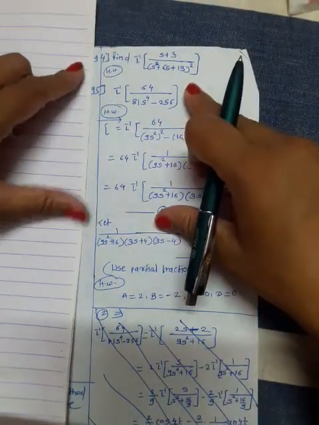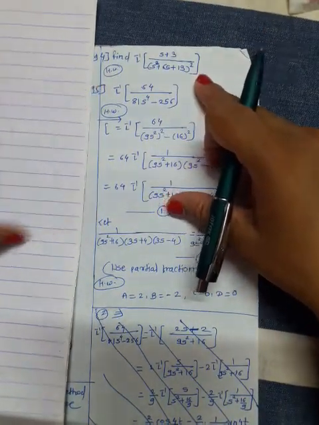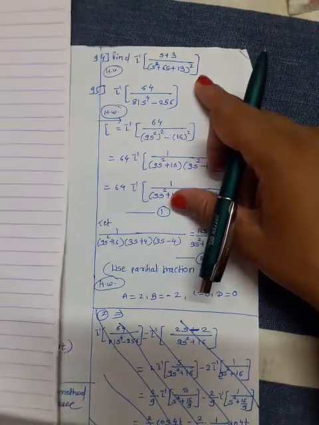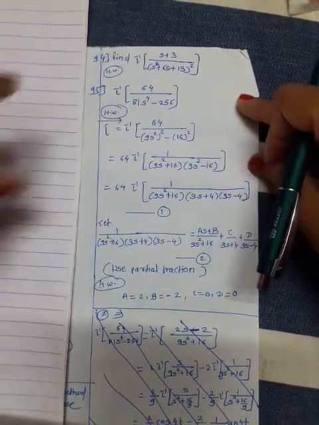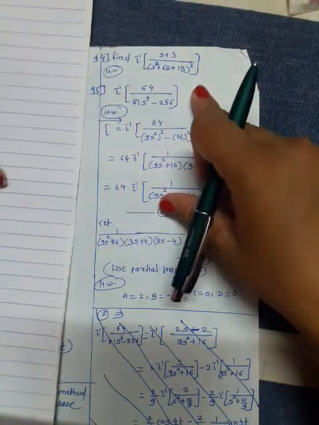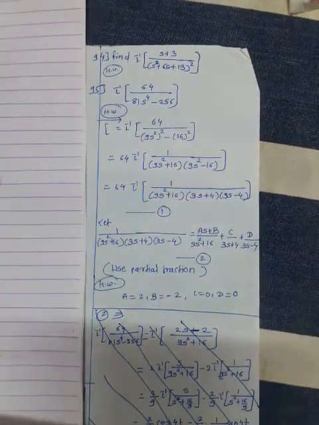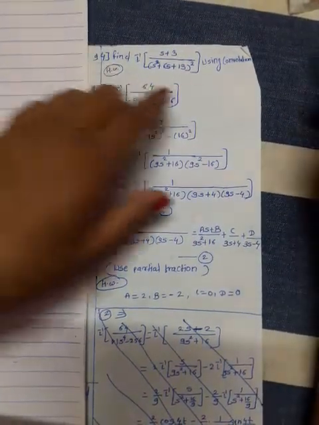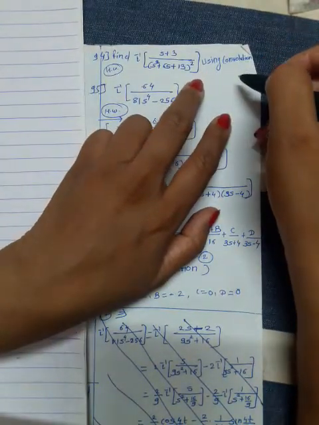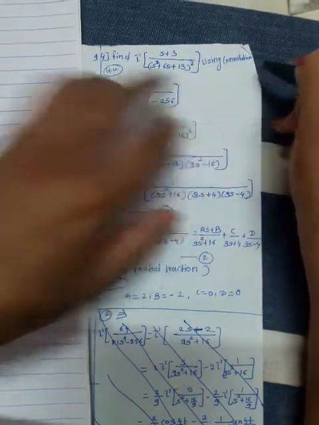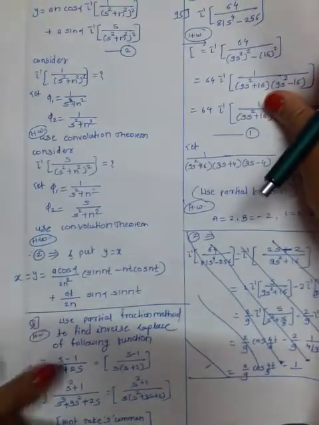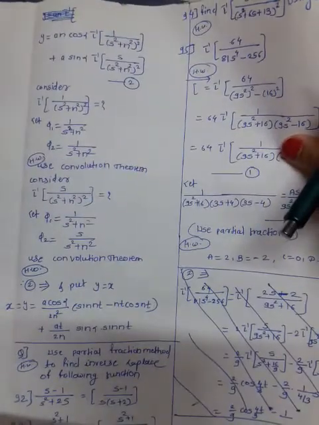This is also homework. This example is for convolution theorem. These are only two examples for partial fractions.